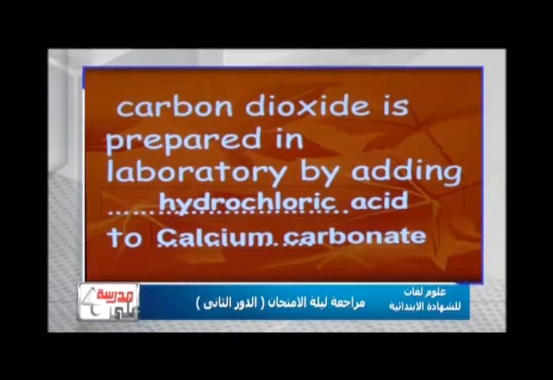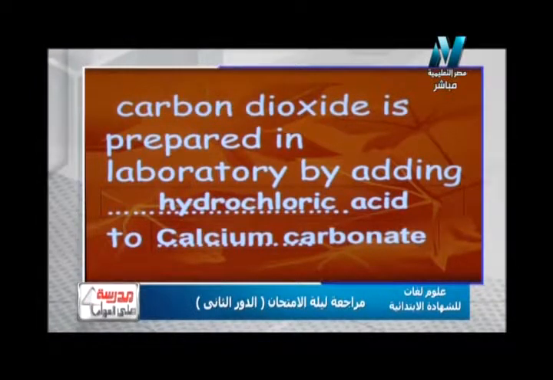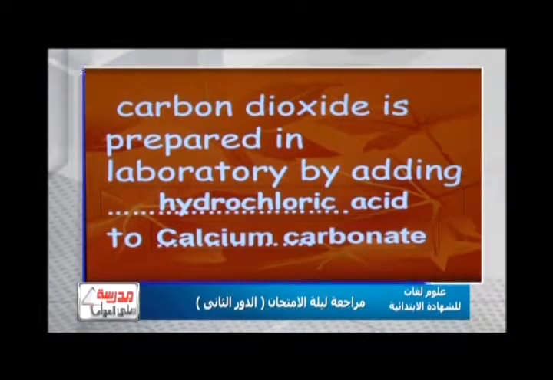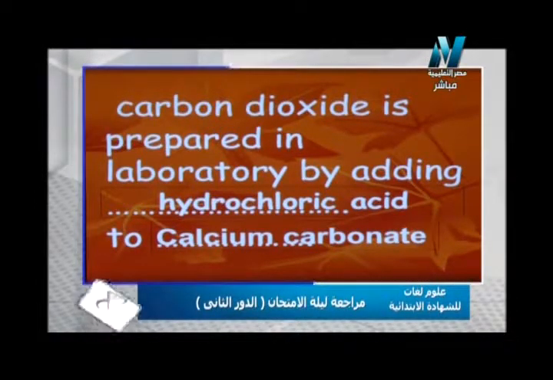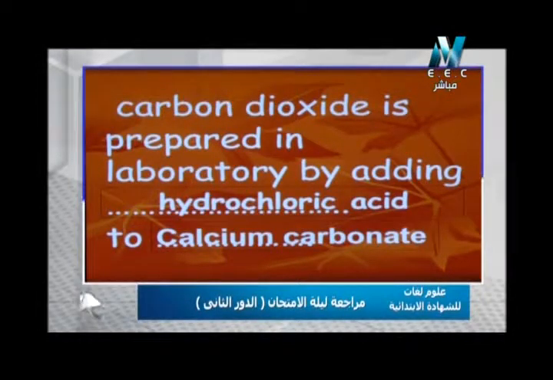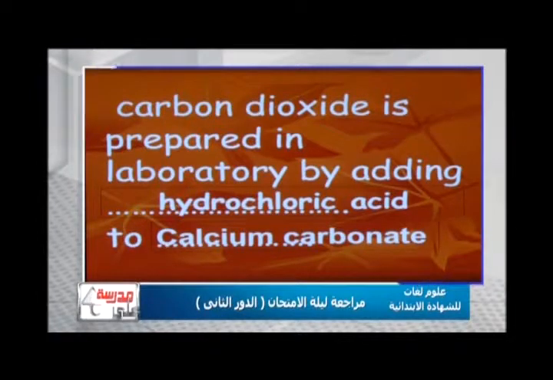So again, I can prepare carbon dioxide gas, and this preparation is very easy and very interesting at the same time. We surely prepared it many times with our teachers in schools. We prepare carbon dioxide gas in the lab by adding acid to any carbonate, by adding hydrochloric acid to the calcium carbonate.